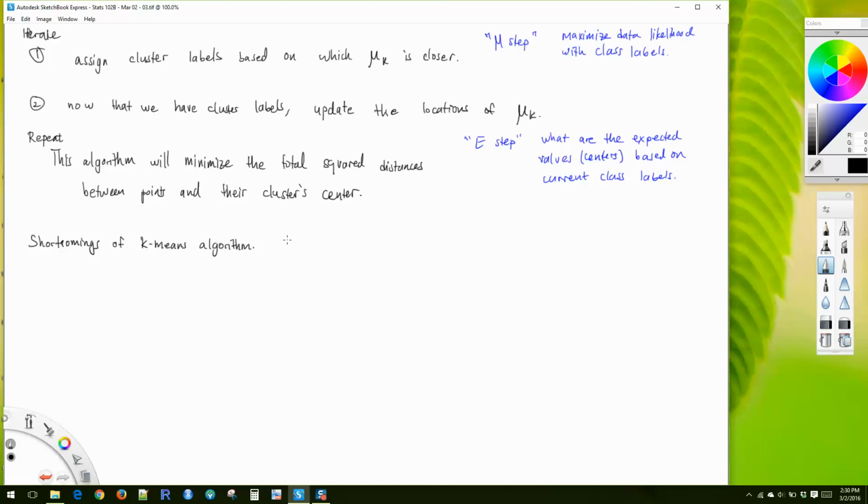Okay, so it's easy to understand what's happening, but there are some shortcomings, and one is that it's assuming that shortest distance is the best way to classify your data, okay?